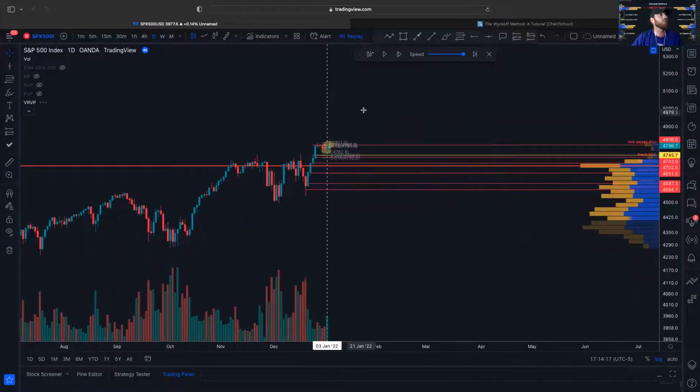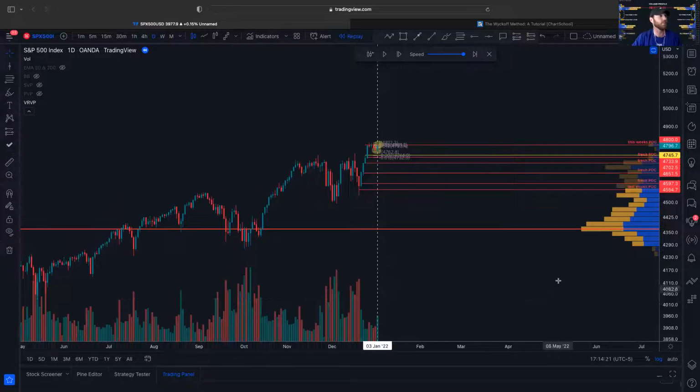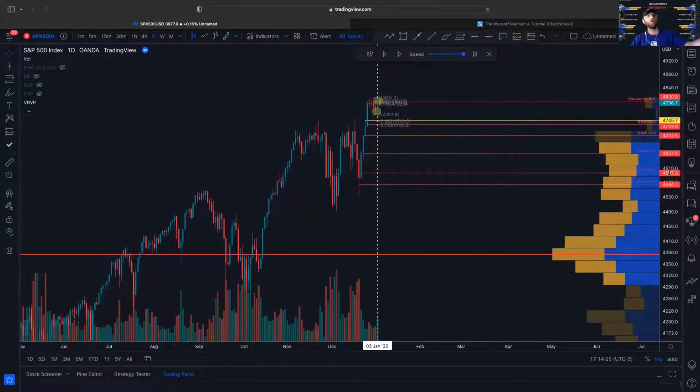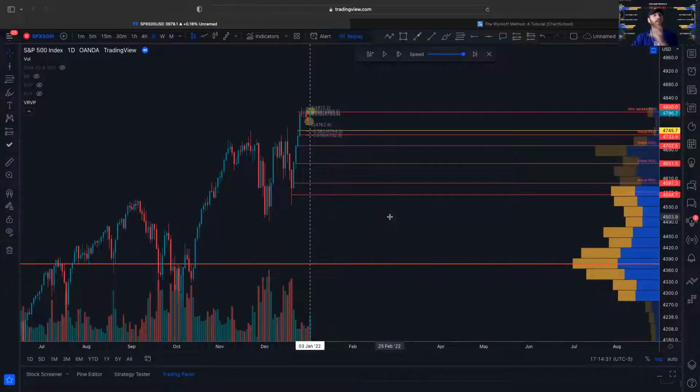Maybe this ends up making more highs later. But either way, the S&P is now at these levels down here. It's very interesting to note all the volume that was right here, all the points of control that never got hit, right? And eventually we know these are going to get hit.